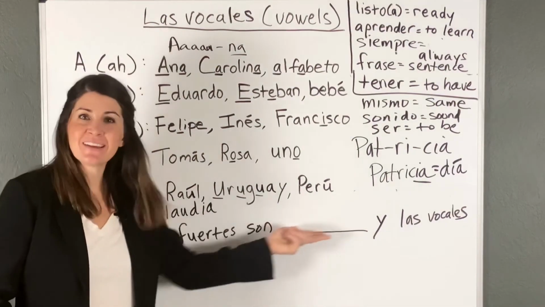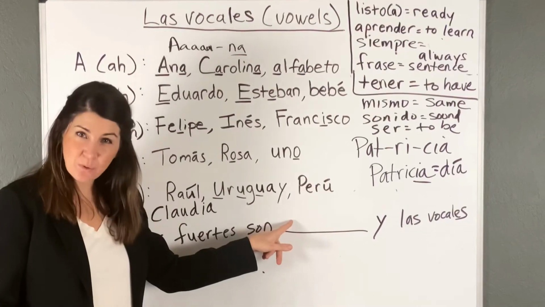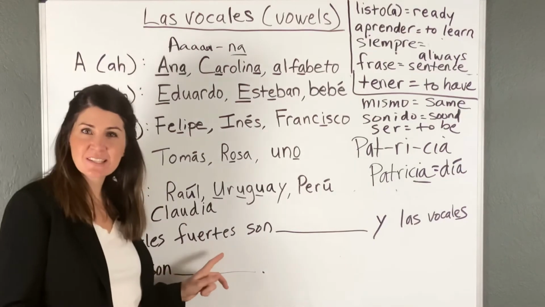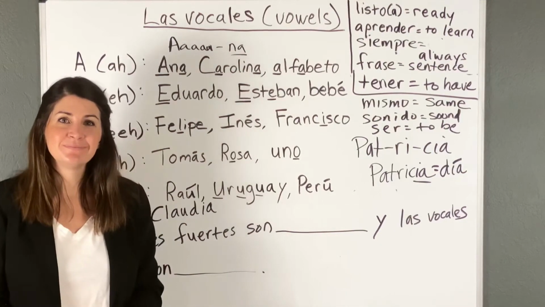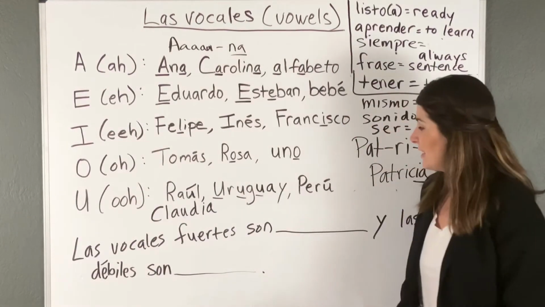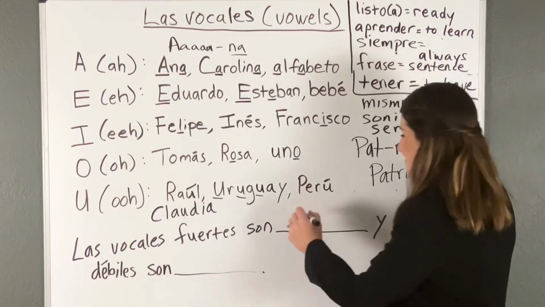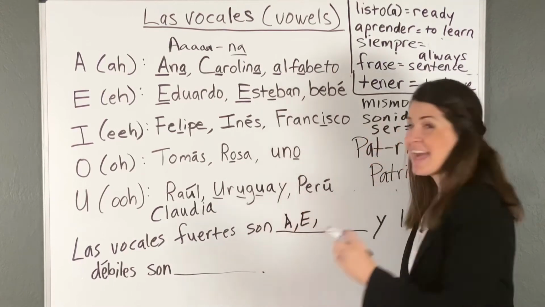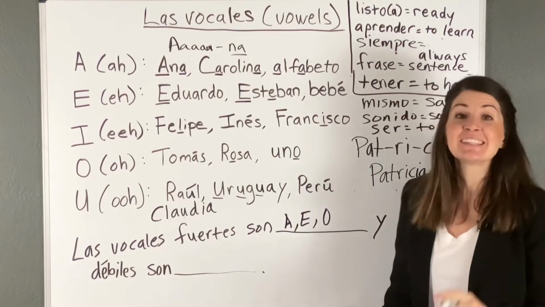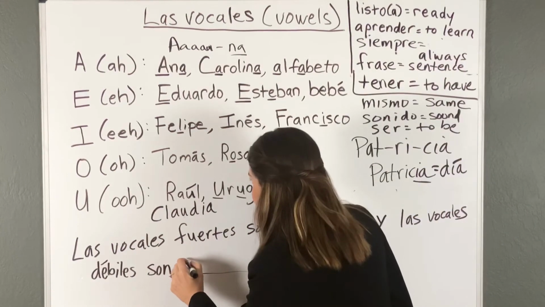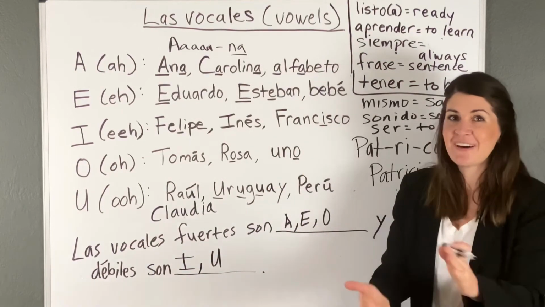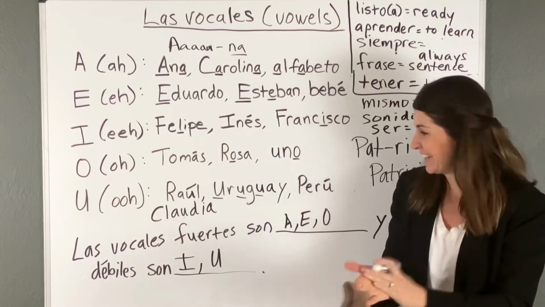Puedes escribir aquí la respuesta correcta y también aquí la respuesta correcta. Si escribiste A, E, O, correcto. Y aquí, si escribiste I, U, fantástico, buen trabajo, muy bien.